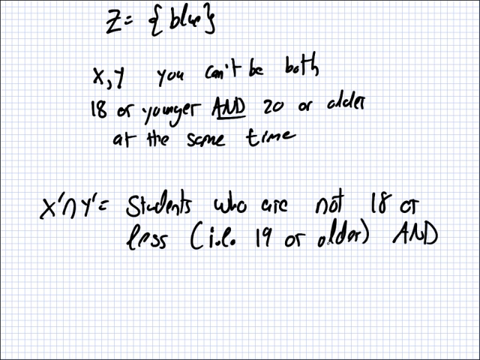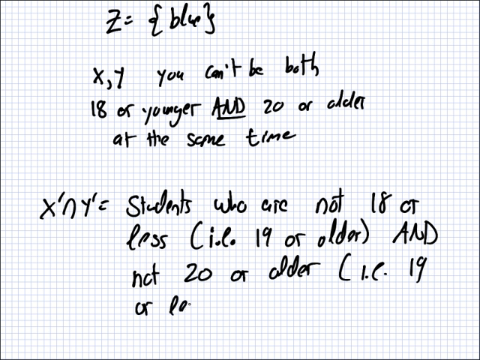And not Y, what's Y? 20 or older. So that means 19 or less, i.e., 19 or less. It's just 19, because it's equal. Yeah, but then the and together. So you could say this equals just 19.